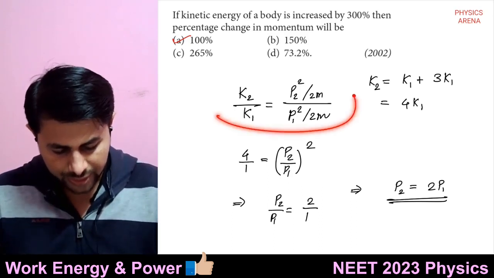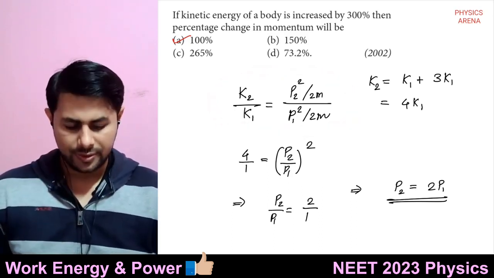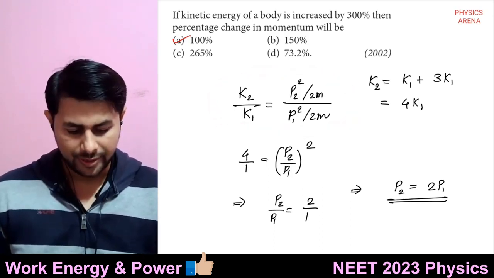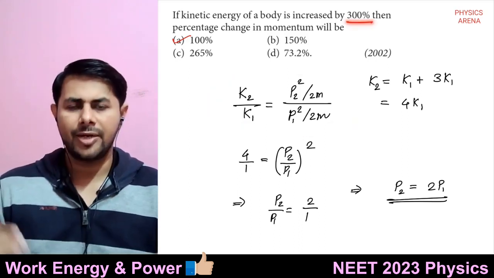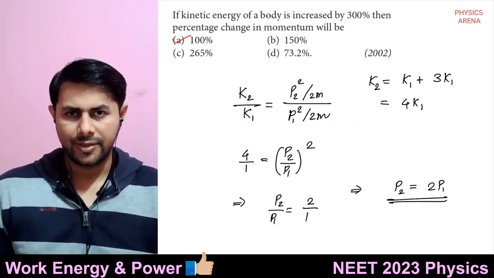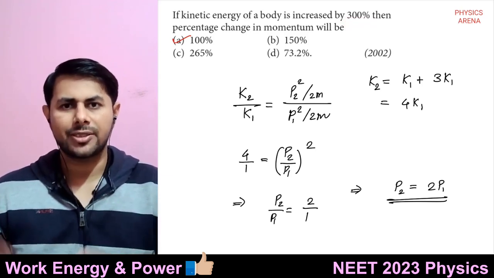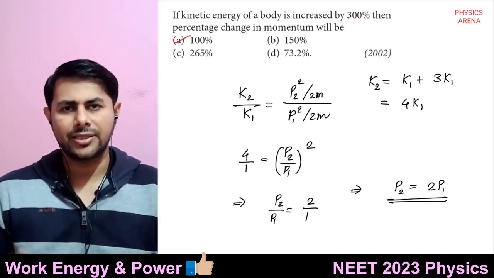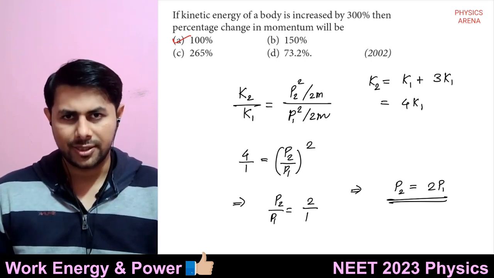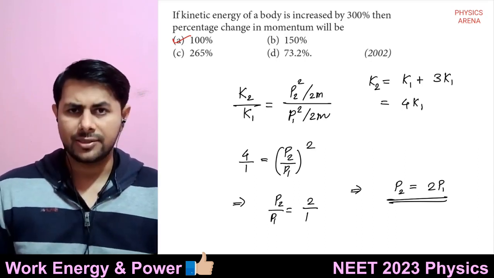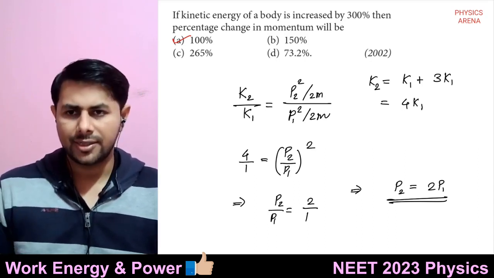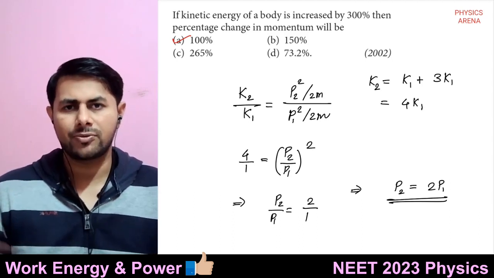And you don't have to do all this, right? You can do it in your mind. Kinetic energy increases by 300%. That means final kinetic energy is 400% of initial kinetic energy, or you can say it is 4 times initial kinetic energy. And directly you can say that kinetic energy is directly proportional to momentum square.